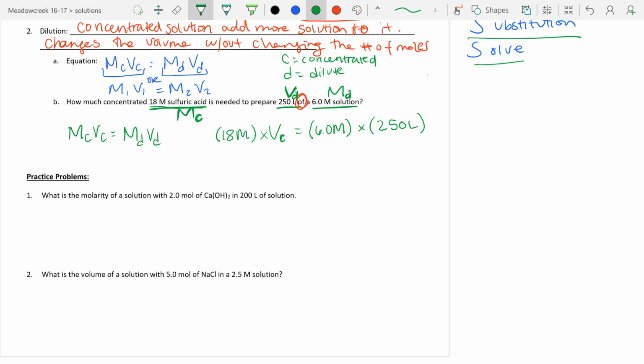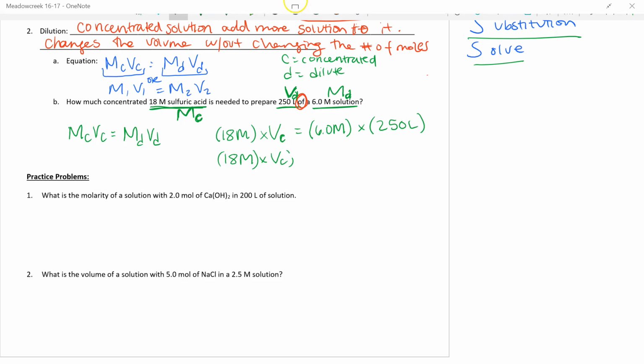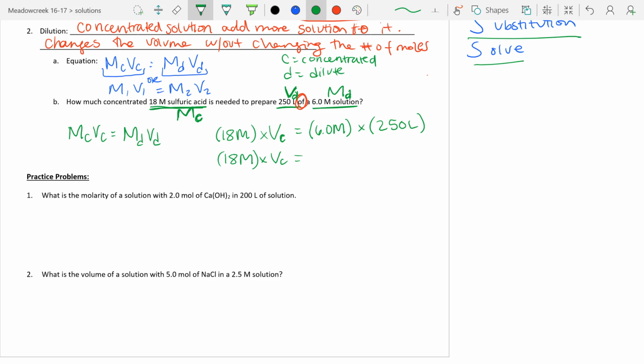We're going to keep 18 molar times VC on this side, and we're going to simplify our right side. So 6.0 times 250 gives us 1,500, and we also multiplied our units, so I write them both down, moles times liter.